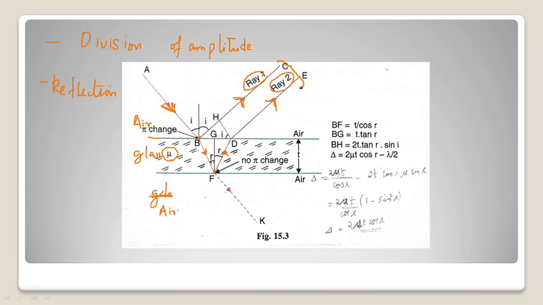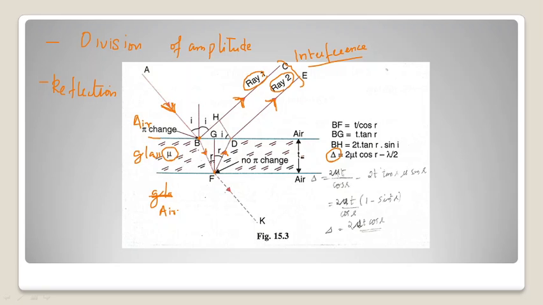And these two rays, ray 1 and ray 2, can give rise to an interference pattern. They can actually superimpose as per the superposition principle, and they can give out an interference pattern. When we study the interference pattern by these waves, we have to look for the path difference delta, the optical path difference delta.